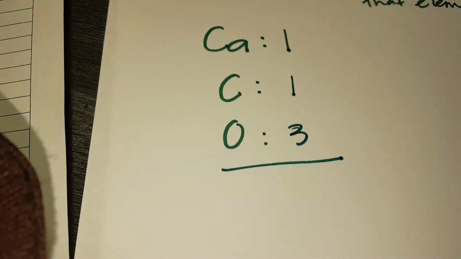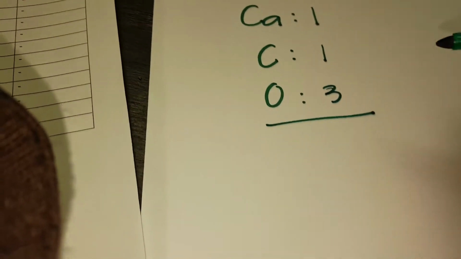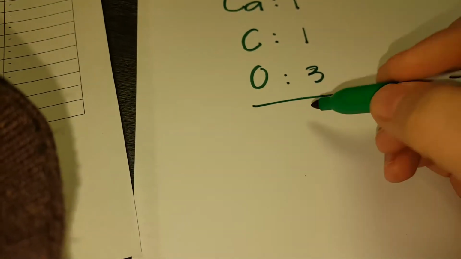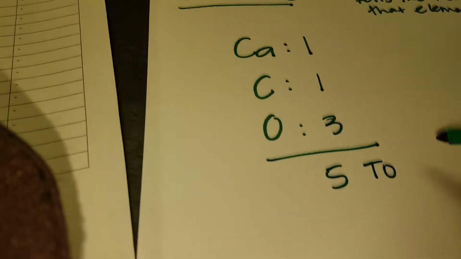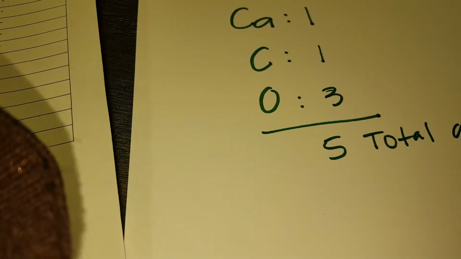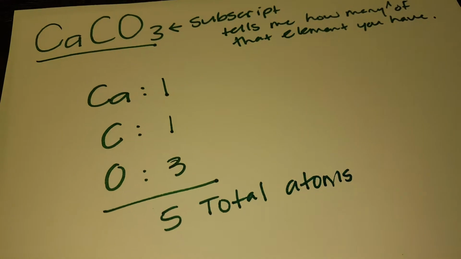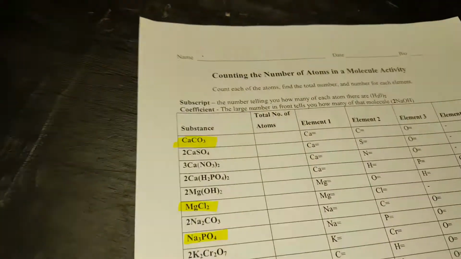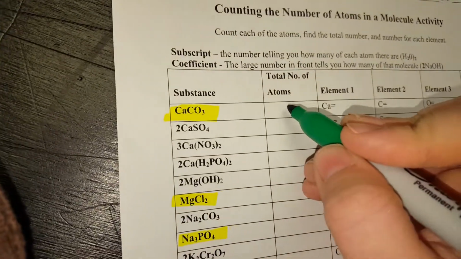Now to find the total number of atoms, I am just going to add all 3 of these up. 1 plus 1 plus 3 is 5 total atoms. Alright, so now I'm going to transfer this information over here to this page, and for total atoms I'm going to write 5.